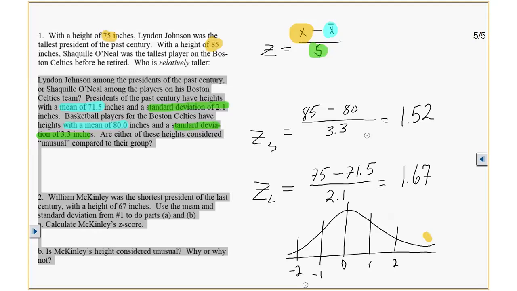Let's get 3 right here, and a -3 right here. So outlier, unusual, normal, unusual. So 1.52 is Shaq. 1.67 is LBJ. Which one is more unusual? LBJ, so LBJ is relatively taller.